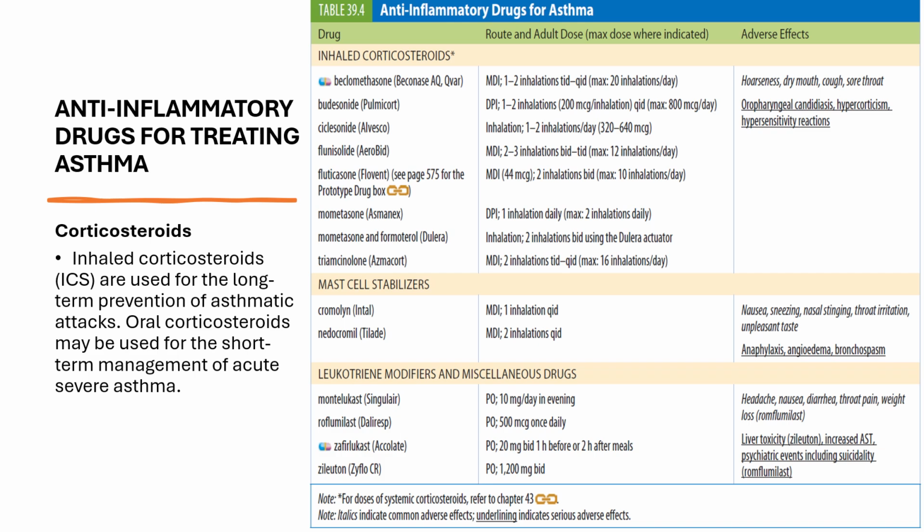In addition, they reduce the bronchial hyperresponsiveness to allergens that is responsible for triggering some asthma attacks. In the pharmacotherapy of asthma, corticosteroids may be given systemically or by inhalation. Inhaled corticosteroids are the preferred therapy for preventing asthma attacks.